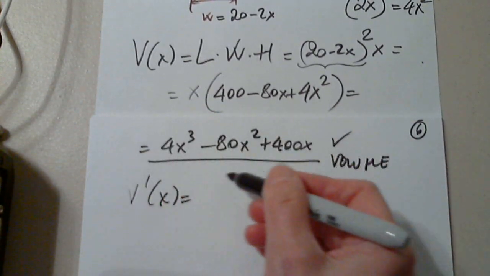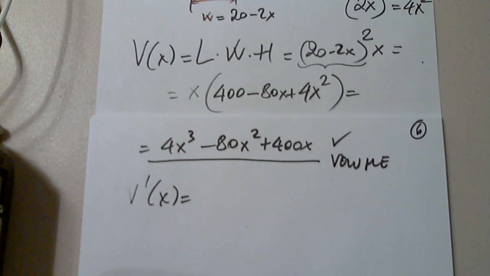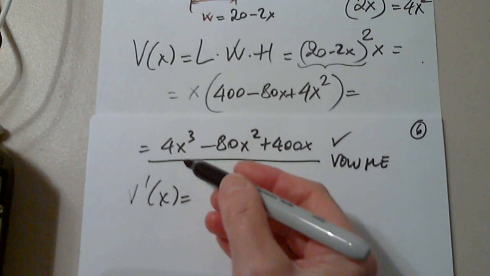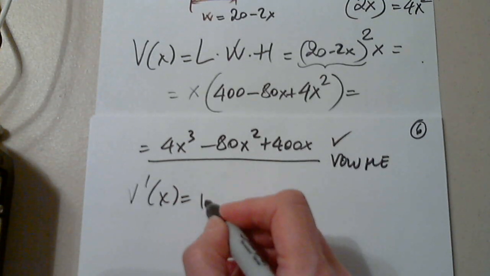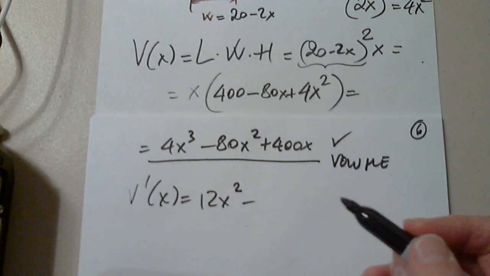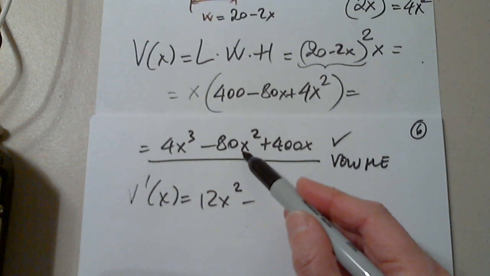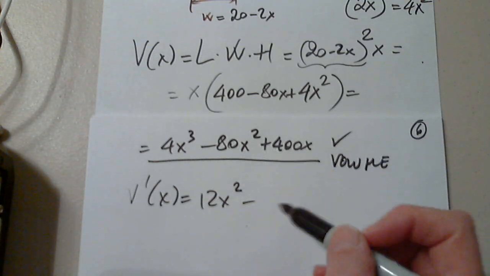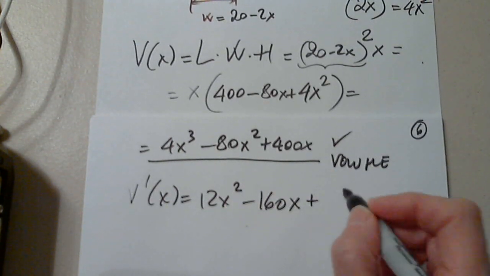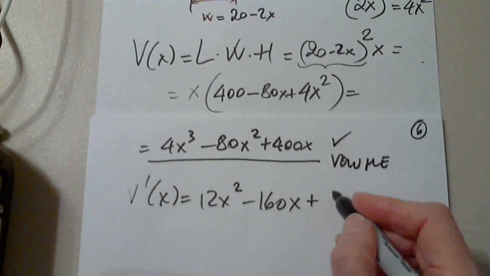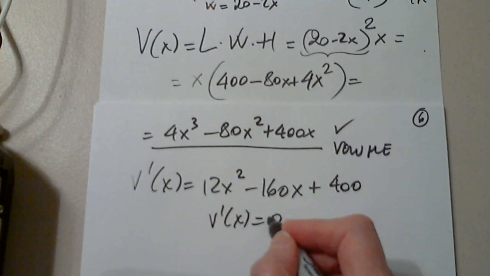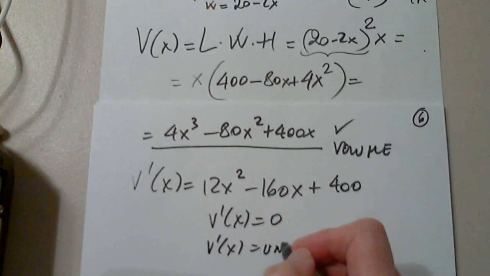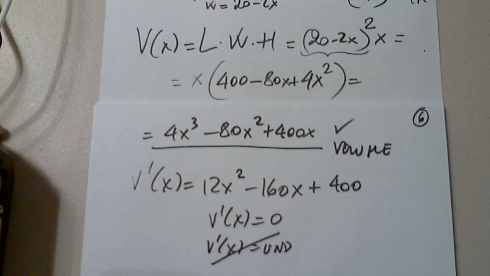Can anyone differentiate V for us? 12x squared, good, minus 160x, very good, plus 400. Excellent. So of course V prime of x equals 0 for critical numbers, and V prime of x undefined, there is no such thing, it's polynomial.